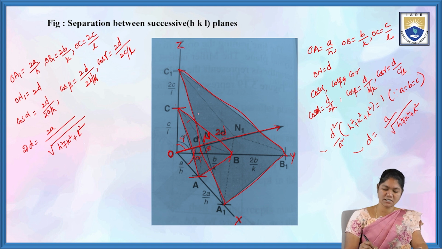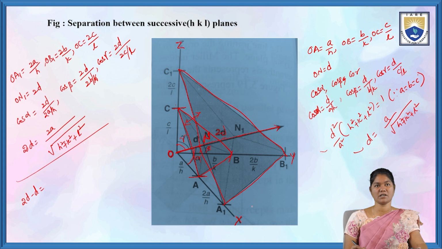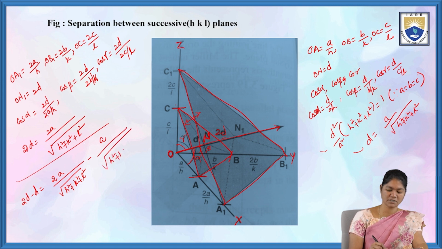So what is the distance between these two planes? We get 2D minus D, that is 2A by root of H square plus K square plus L square minus A by root of H square plus K square plus L square.